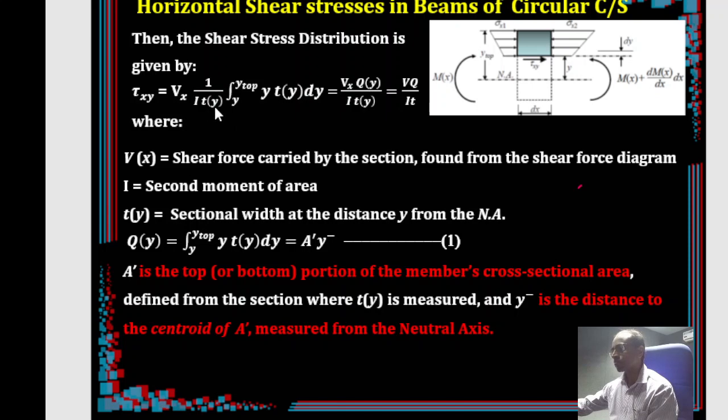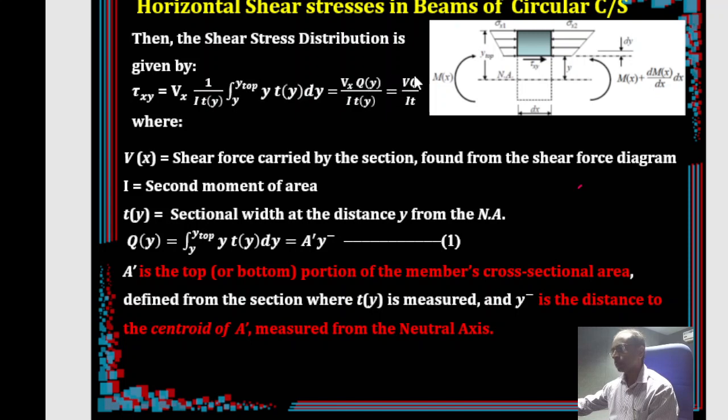I is the moment of inertia, y is the distance of the plane that we have taken from the neutral axis, and t is the width of the section. So this is about the terms.